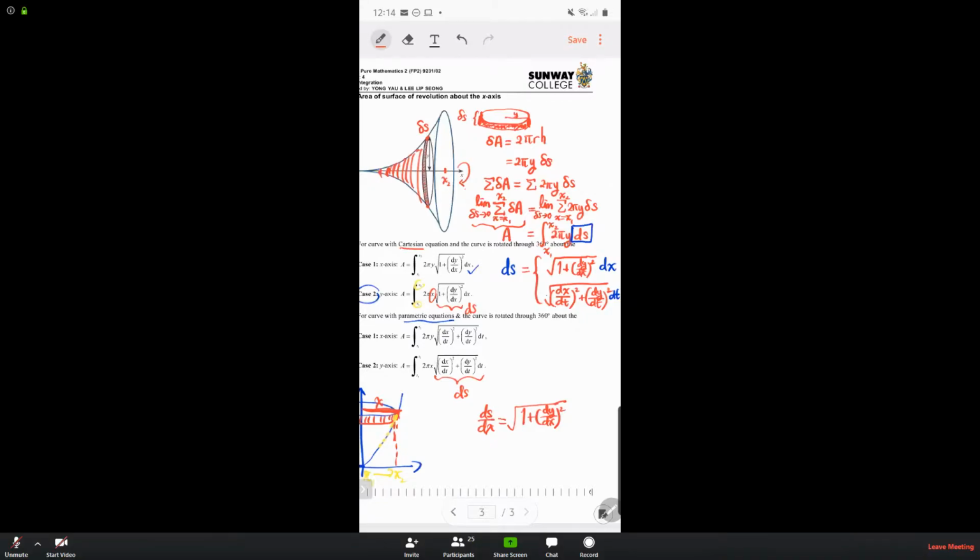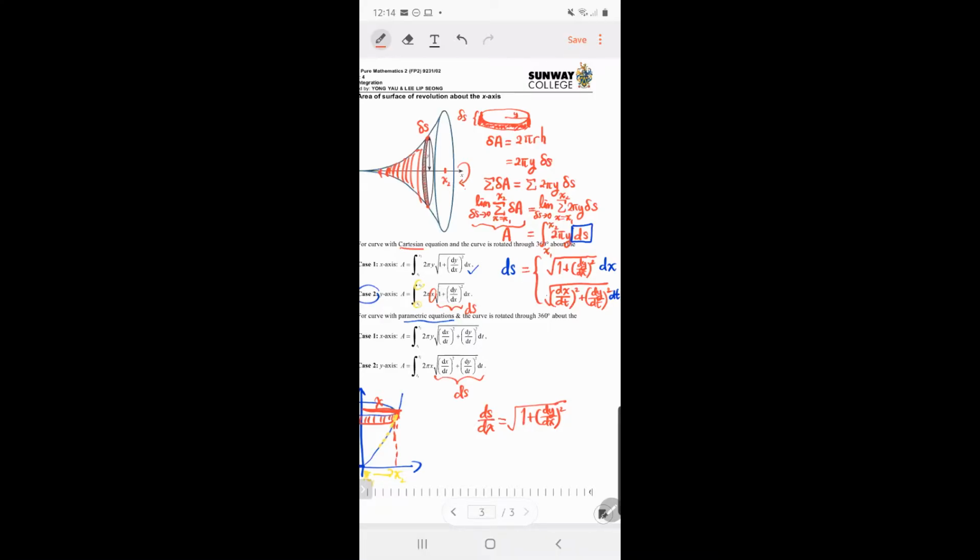So you are now talking about the curved surface of the cylinder. So δA is given by 2πrh, where r refers to the radius. Because it's rotated about the x-axis, the y coordinate becomes the radius, and the width, or height, h in this case is δs.